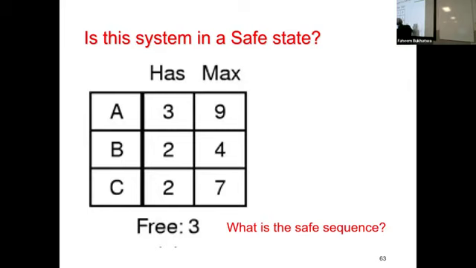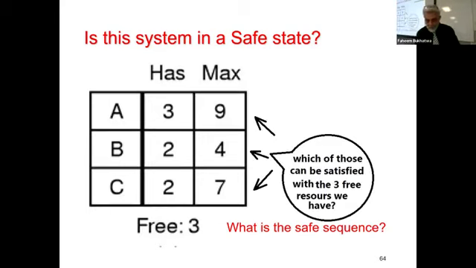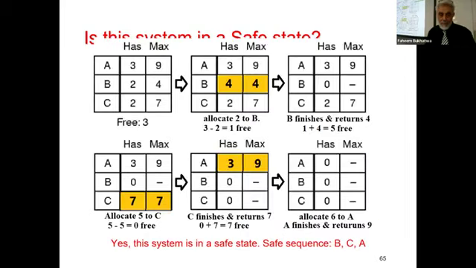We need to create another column. That's the needs, the remaining. So this guy still needs 6. This one needs 2. This one needs 5. And so we're going to go for B. Is this the same system? Yeah. So that one only needs 2.